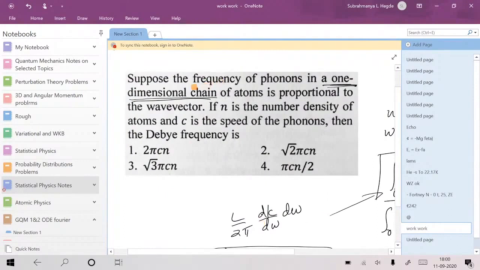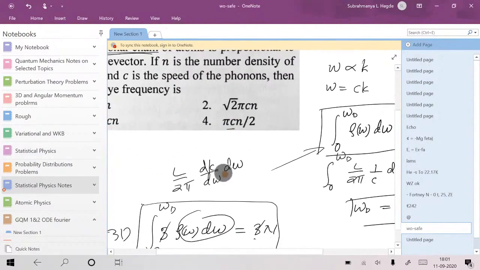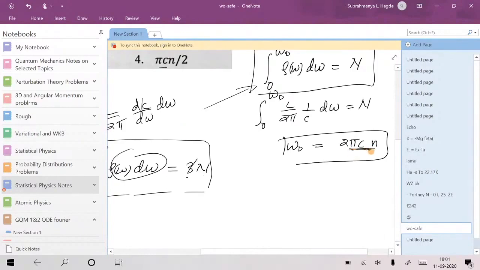Sometimes they say frequency for omega, but actually this is angular frequency. The actual frequency is omega equals 2 pi into f. But when I see pi in all of the options, and we got a similar thing, pi into c into n, I think whatever we did is correct.